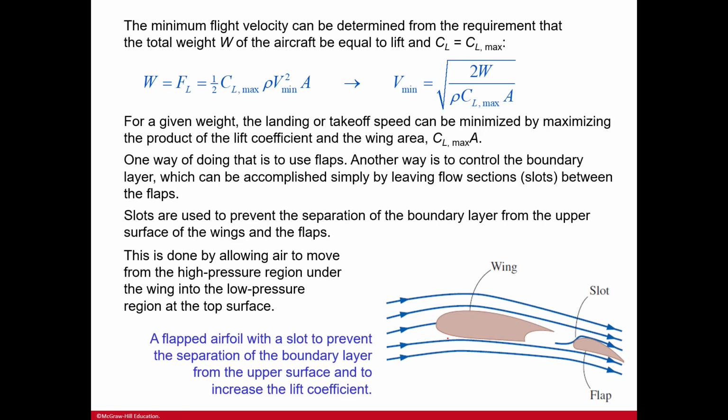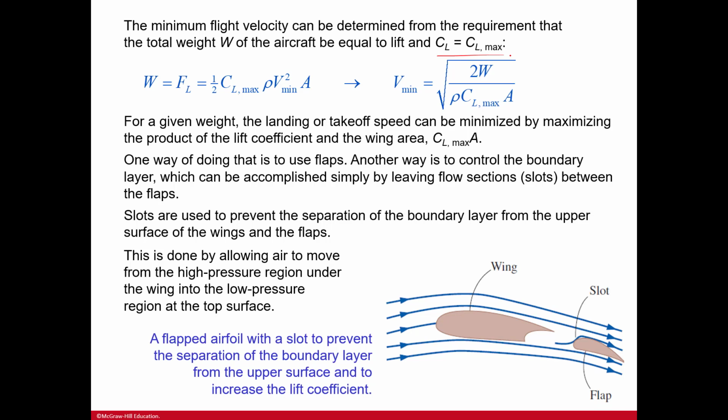And the minimum flight velocity can be determined by the requirement that the total weight W of the aircraft be equal to the lift, at CL max. For any given weight, the landing or takeoff speed must be minimized by maximizing the product of lift coefficient and wing area. One way we do this is to use those flaps that we just talked about, extending those flaps out.